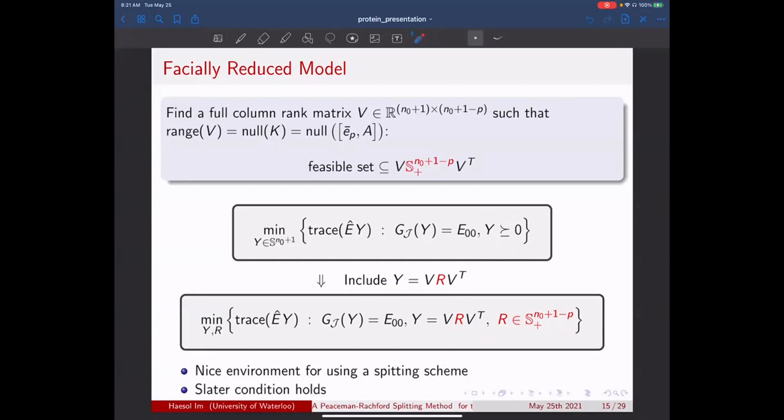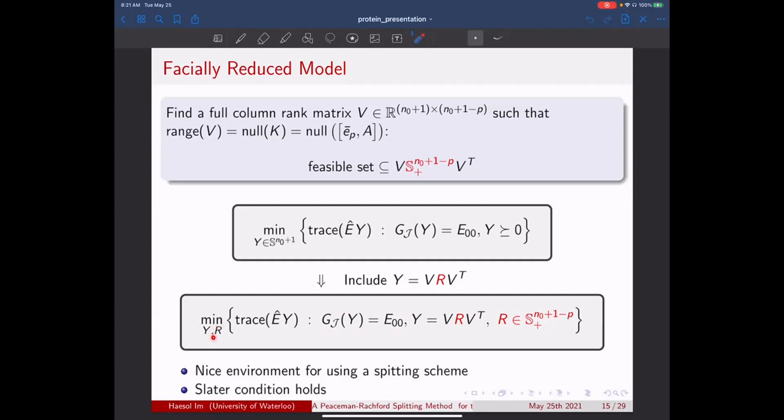So after applying this Y equal to VRV transpose to our model, what we get is a very nice environment for using a splitting scheme, because we have two variables and one variable is in this constraint set. This is a convex set, and we have a good understanding of this constraint.